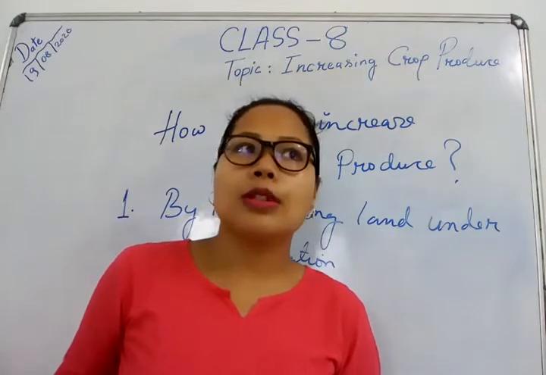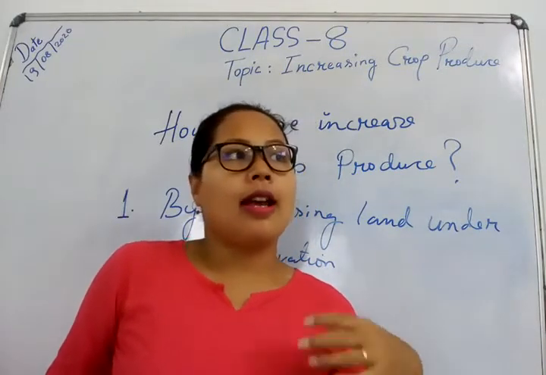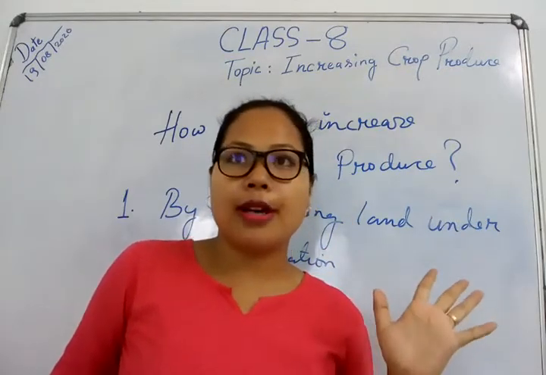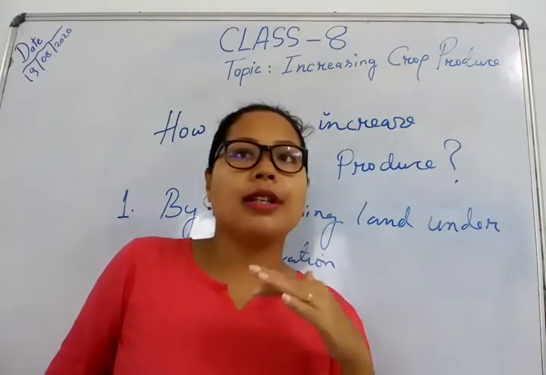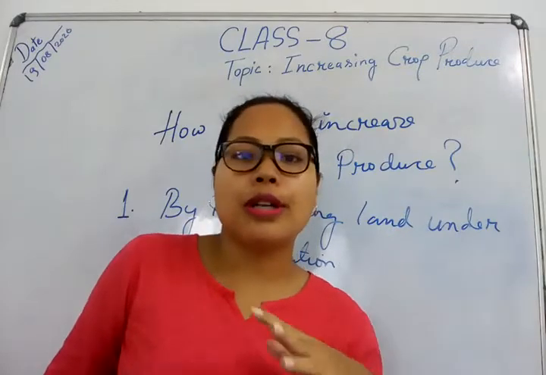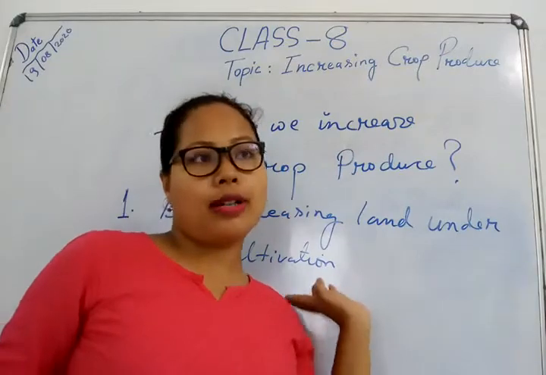It's not possible. People have already occupied the land, and almost all the forests are being cleared year by year, and almost everywhere humans have occupied. So it is not possible to increase our land for cultivation.